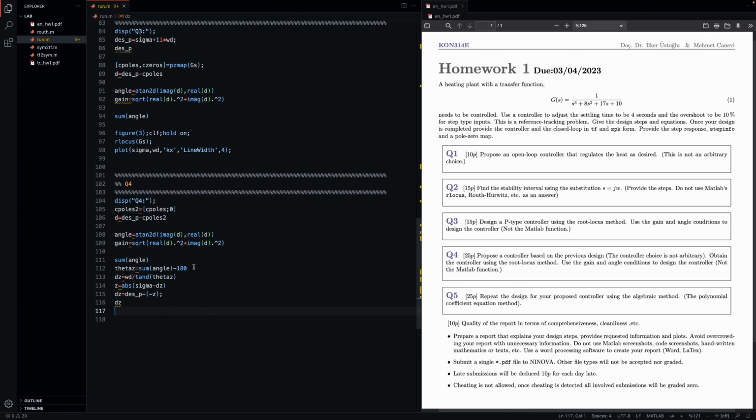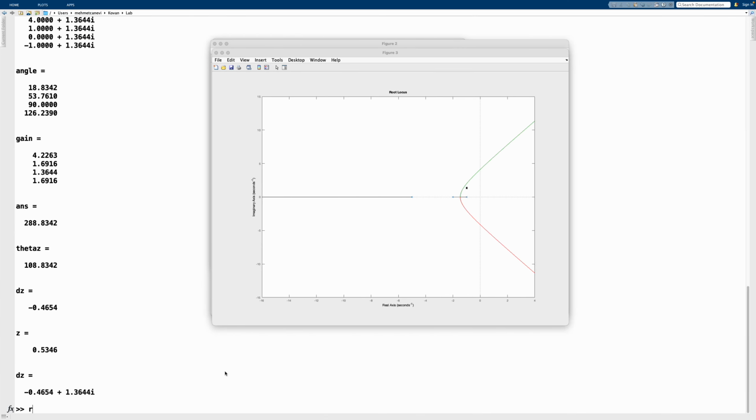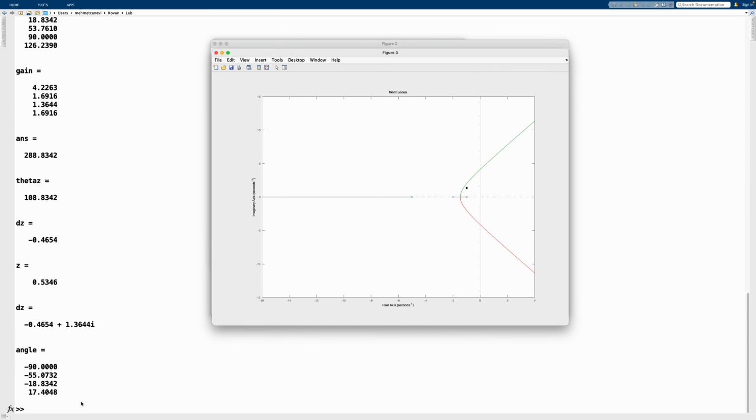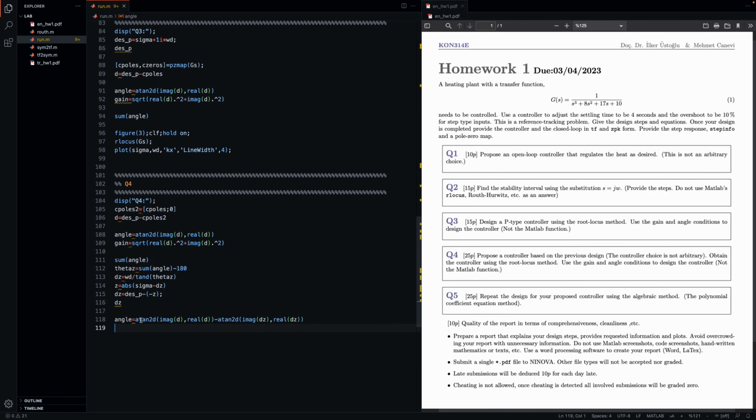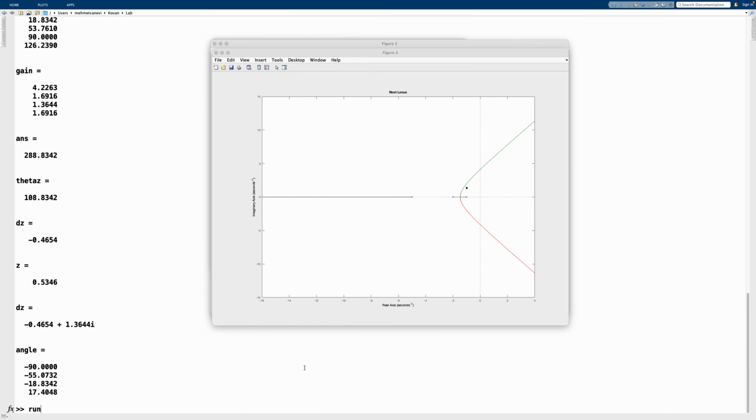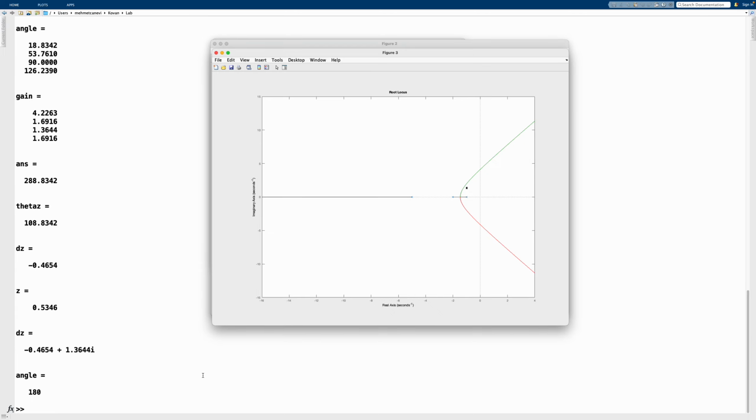And what I can do now is I can use the angle condition again, but then I'm going to subtract the angle of dz. So this should give me this, and it's actually the sum of this minus 180 degrees.